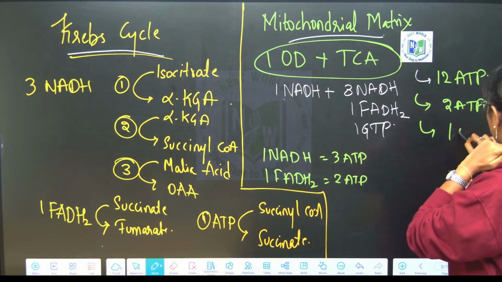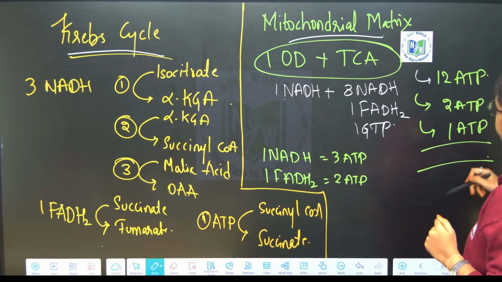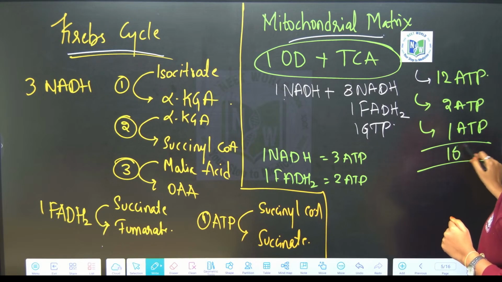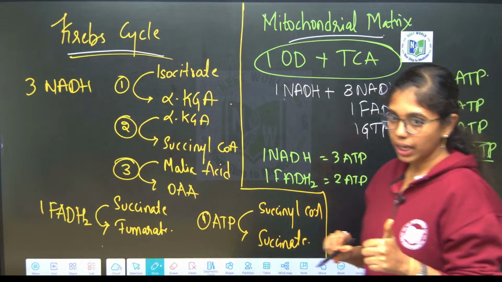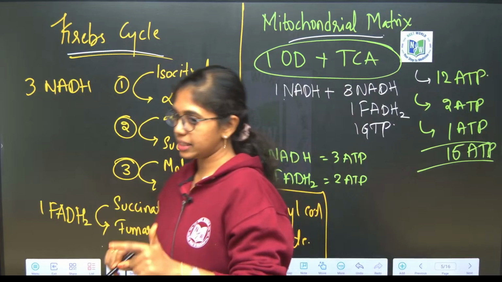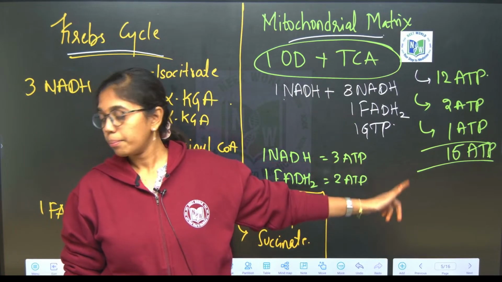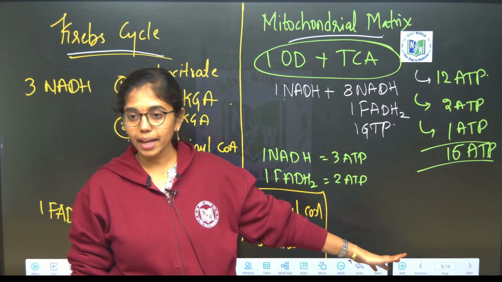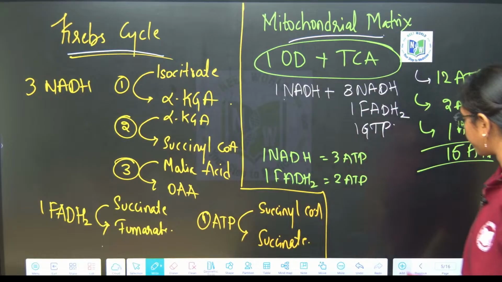Yes. Total how much ATP? Total 15 ATP. So, one complete cycle of oxidative decarboxylation and TCA cycle will give out 15 ATP in the mitochondrial matrix. Clear, right? Now, for one glucose, what is the energy sheet? Energy sheet for one glucose. Glycolysis also. Yes. 36.